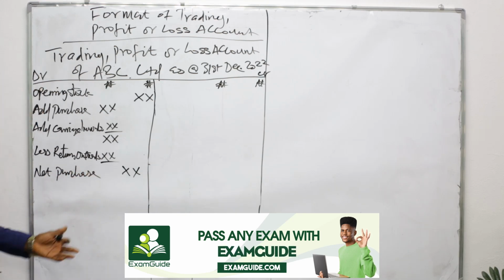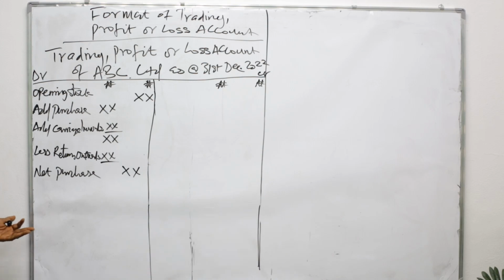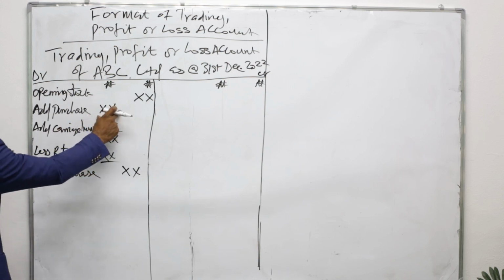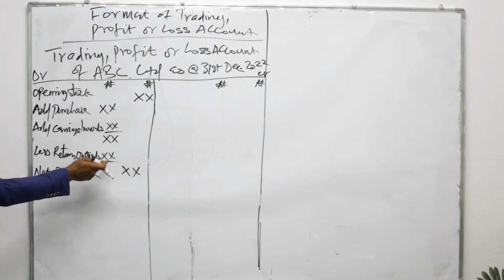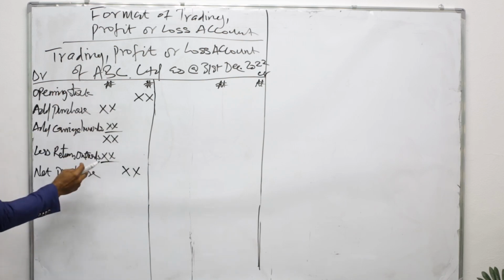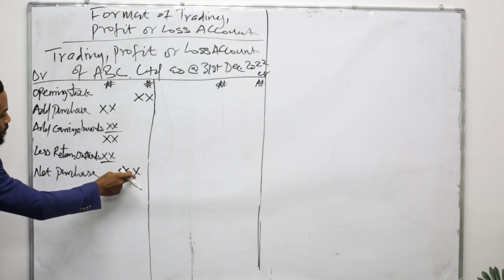Because there are some exams in WAEC, in objective, they might want you to find out your net purchase. So your net purchase is simply your normal purchase plus carriage inwards, which is this, and then you subtract your return outwards. When return outwards is subtracted from this value, you have your net purchase.